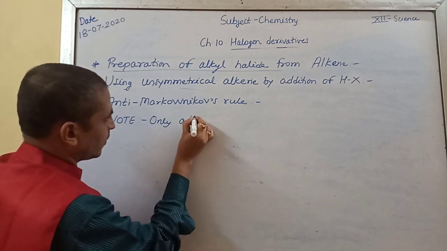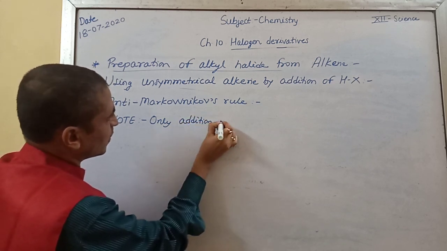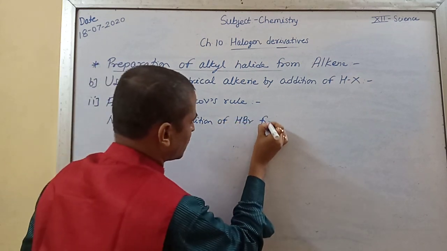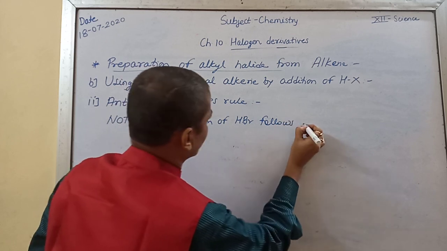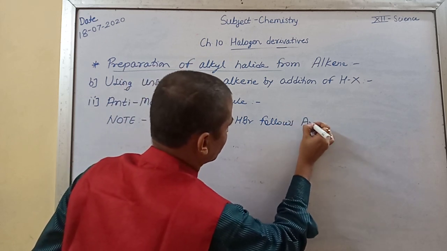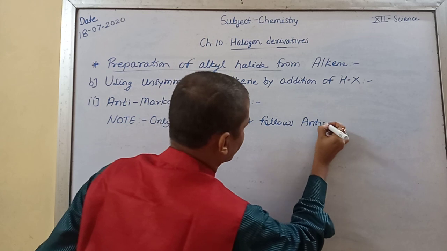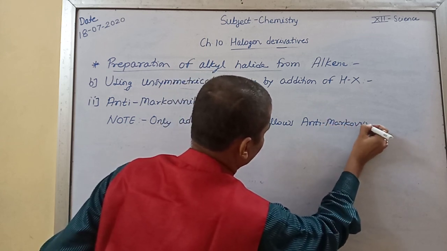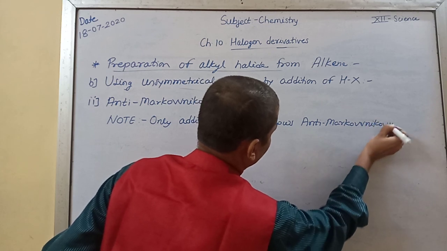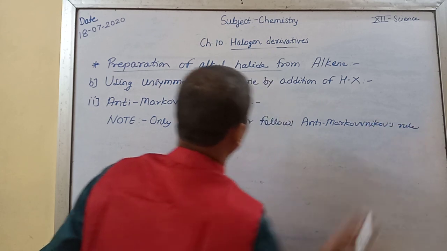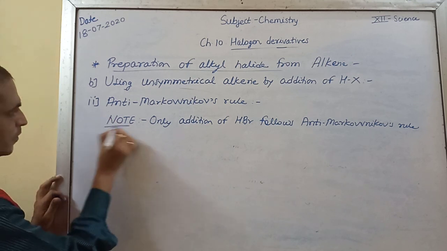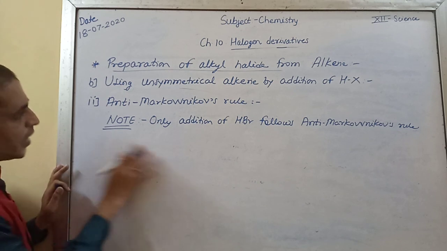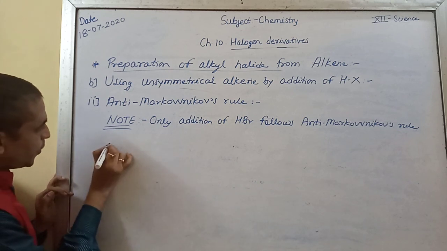Only addition of HBr follows it. Because in this anti-Markovnikov, addition of HBr takes place in presence of peroxide.